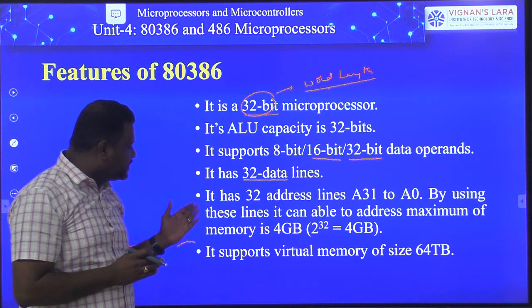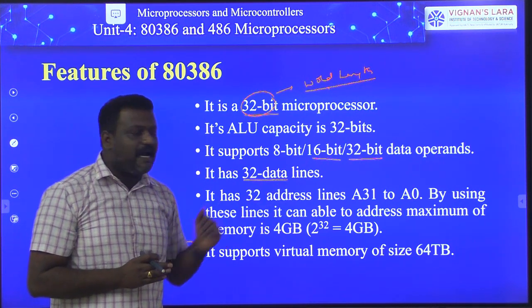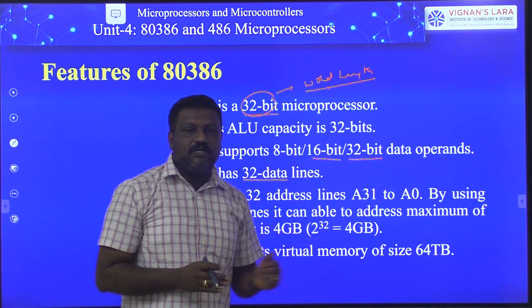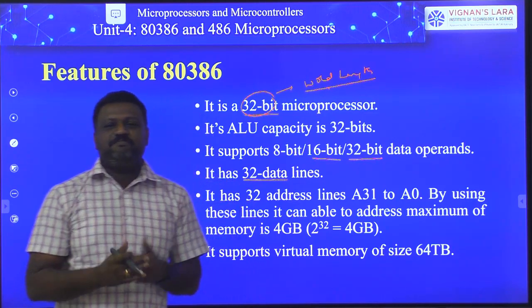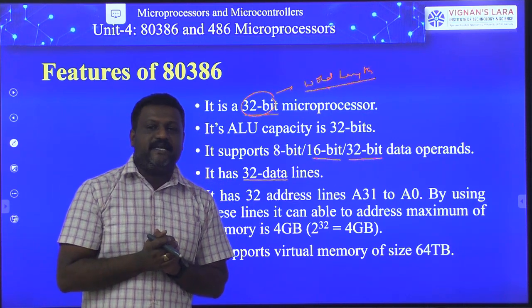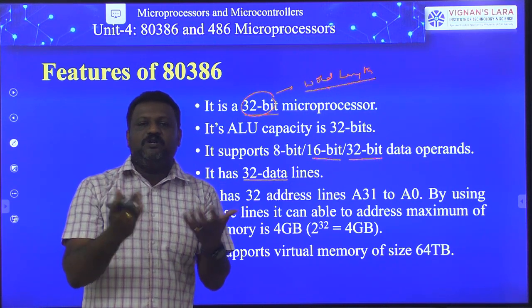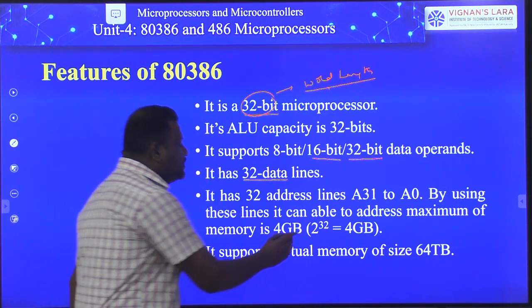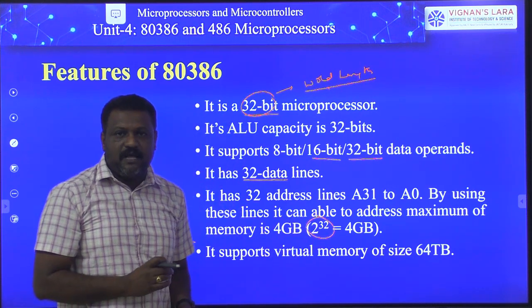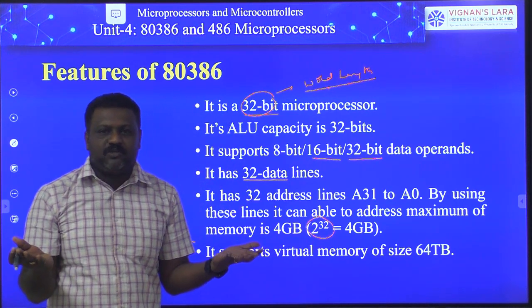Next, the next feature is it has 32 address lines, that is A31 to A0. That means this processor has a total of 32 address lines. By using 32 address lines, this processor can generate a total of 2 power 32 different combinations. Each and every combination you can assume as one address.